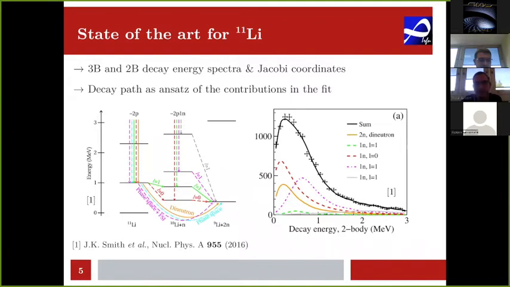What has been done is that the decay path of lithium-11 and lithium-10 has been taken as an ansatz, and the response of all these decay paths has been simulated and used to fit the decay energy spectra. An example is here on the right-hand side. So that's what has been done here for lithium-11.